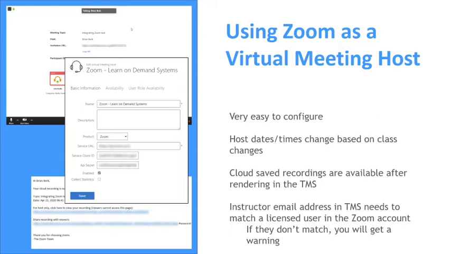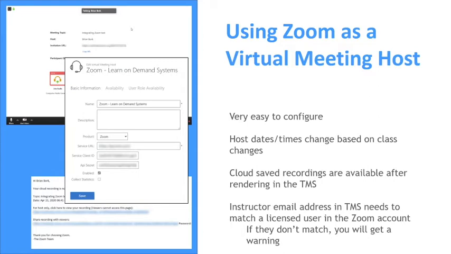Any of your cloud-based or cloud-saved recordings are available after they have been rendered inside of the TMS. And I'll show you where you can access those after the class. This is true of both Zoom and our Adobe Connect integration. This does not include the virtual meeting host custom URL.